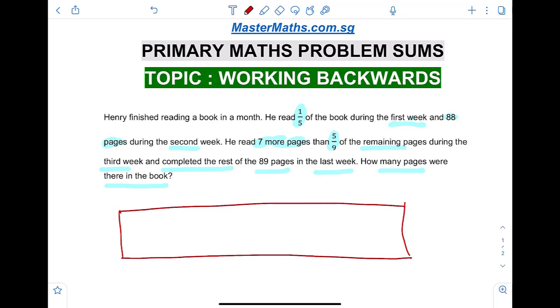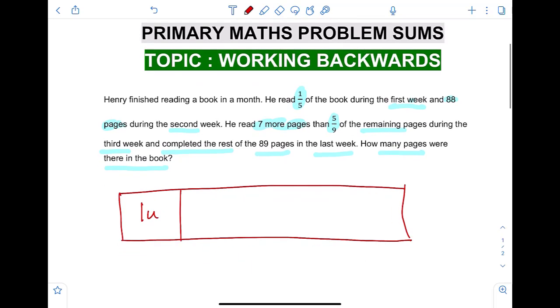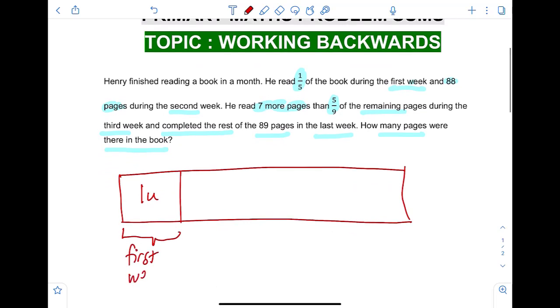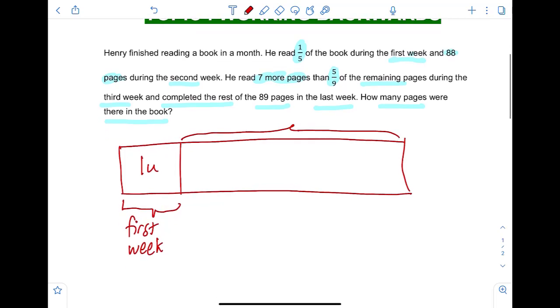So again, 1 unit out of a total of 5 units was read in the first week. Which means that this section here will represent 5 minus 1, that is 4 units for you.